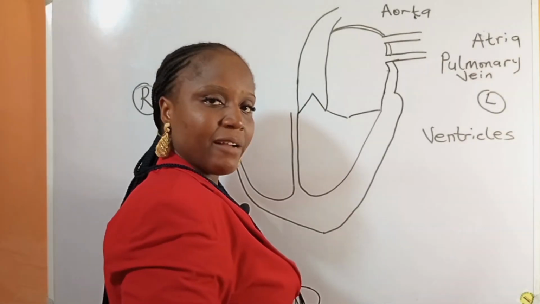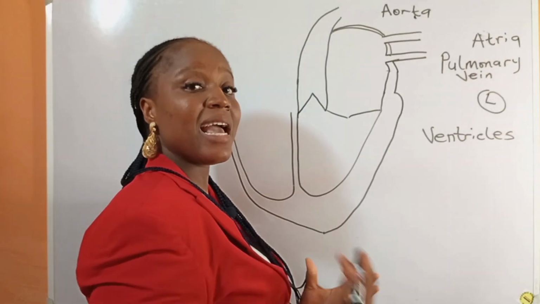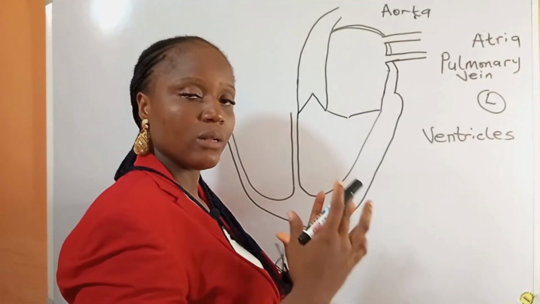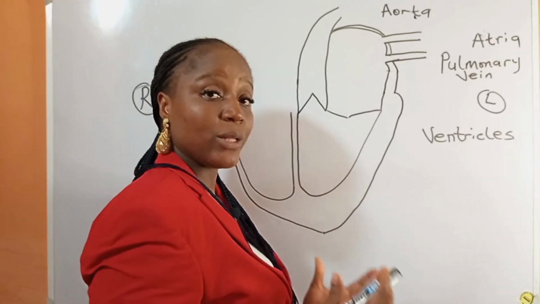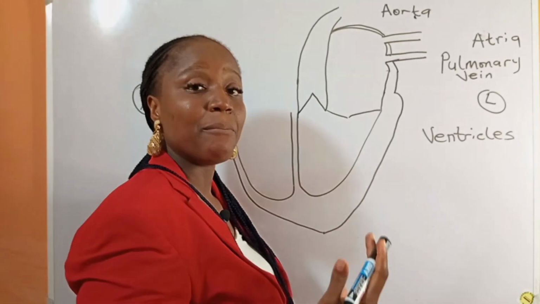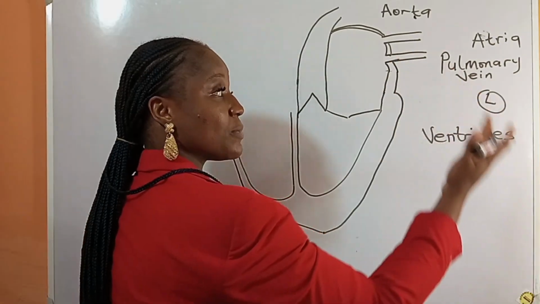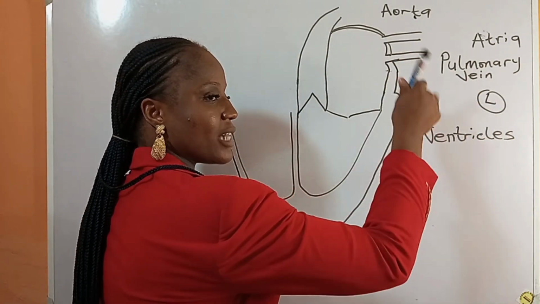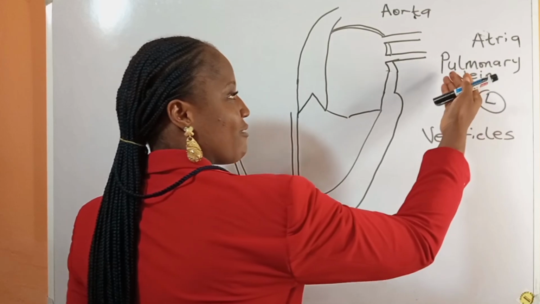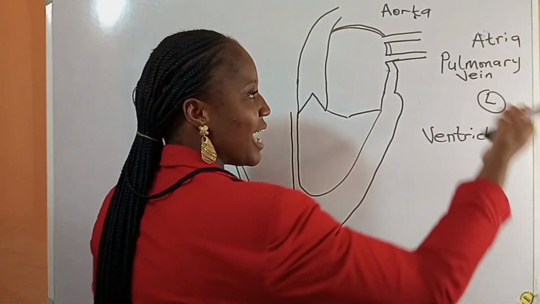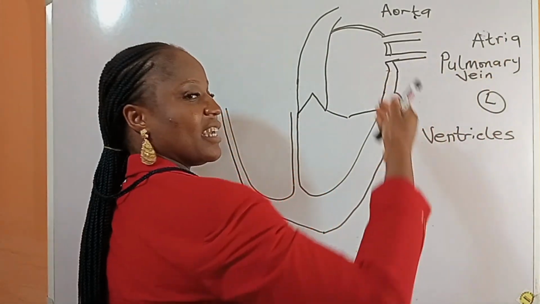Why the name pulmonary? Pulmonary means anything that has to do with the lungs. And veins, we know, is a blood vessel that brings blood to the heart. Because those veins are transporting blood back into the heart from the lungs, we have pulmonary meaning lungs, and veins meaning back into the heart.